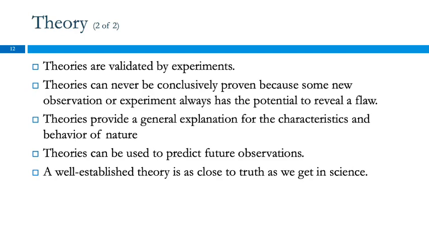Scientists are skeptical and curious people, and so we keep testing, and as new technology and new ideas come along, we apply them to old theories and see if we can disprove them, because that would just be fun somehow to mess everything up. So theories are explaining, laws tell what happened. Both of these can be used to predict future behavior. A well-established theory is as close to truth as we can get in science.